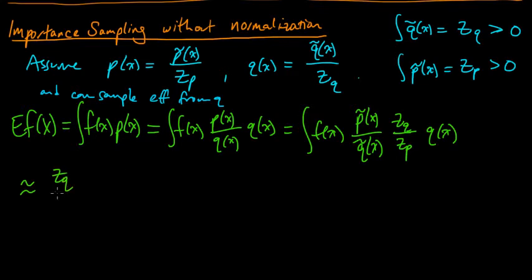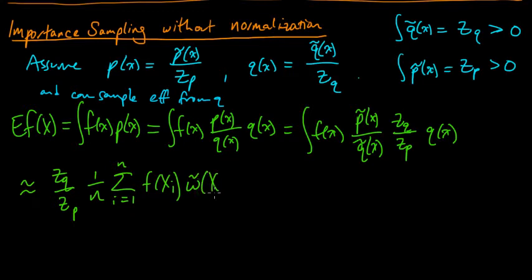Zq over Zp comes out. That's just a constant. And so this is 1 over n, the sum as i goes from 1 to n, of f of xi times p tilde of xi over q tilde of xi. Let's call that w tilde of xi. So here, w tilde of x is, in some sense, the unnormalized importance weight.